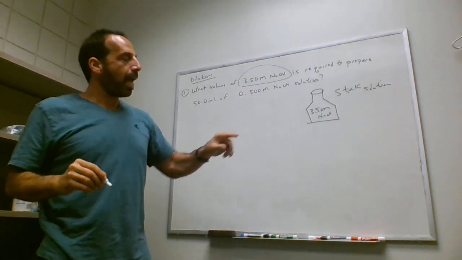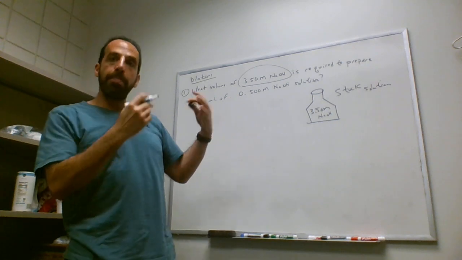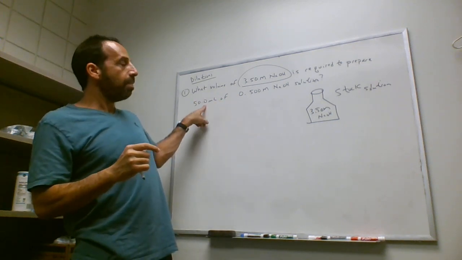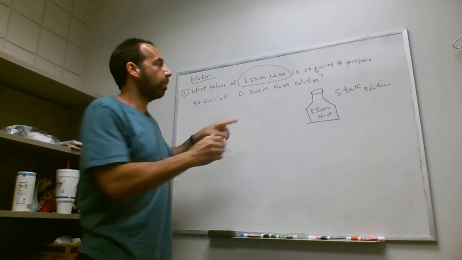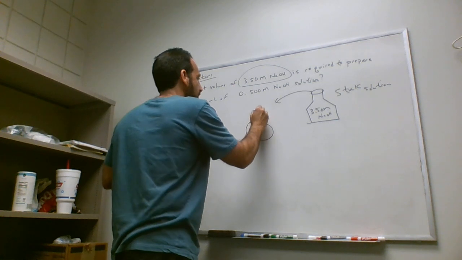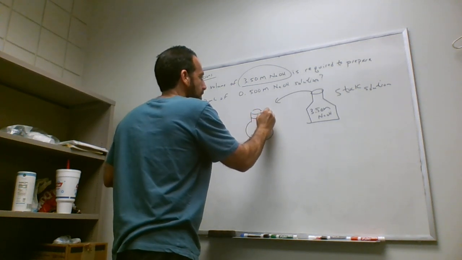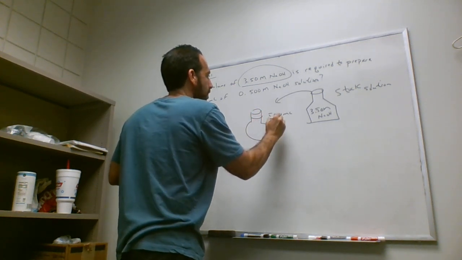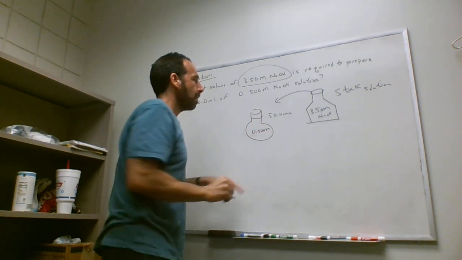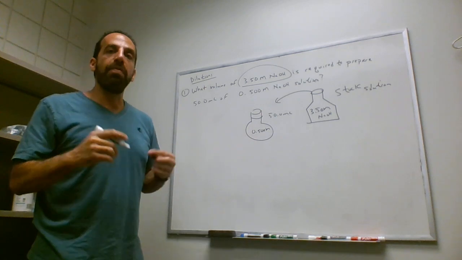And I want to figure out how much I need to take out and put into a different flask, maybe a volumetric flask, to come up with 50 milliliters that's 0.5 molar. So I want to take some of this out, and then I put it into another flask. That's 50 milliliters, that's 0.5 molar.